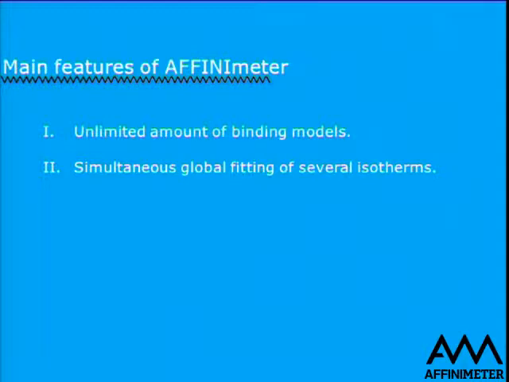And the second one is that AFFINImeter can perform simultaneous global fitting of different isotherms. So you can perform different experiments on the same system in different conditions, and you can analyze them globally. It's even possible, as Angela explained before, to share parameters and make some restrictions in the parameters. Those are the 2 main features.